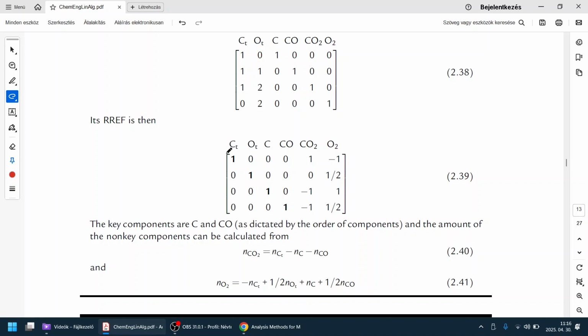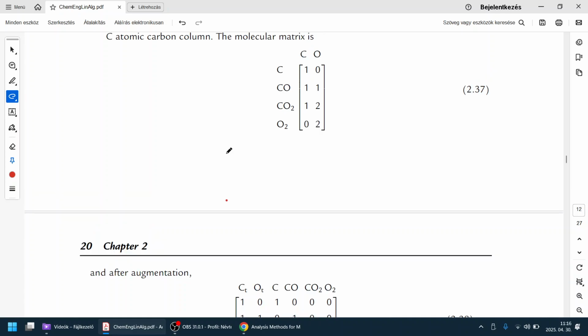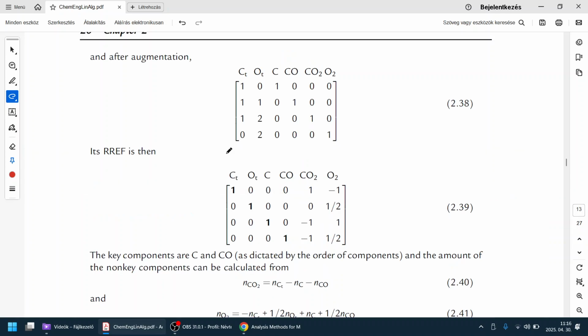Okay, there are two C. One C is the molecule, and the other C is the atom, the component atom. That's why they have this T and O. It's fine, I just do not understand what this is.